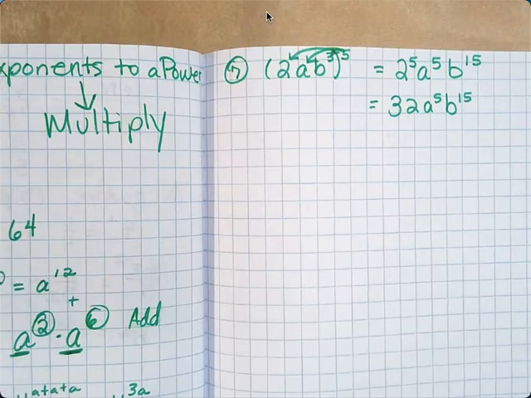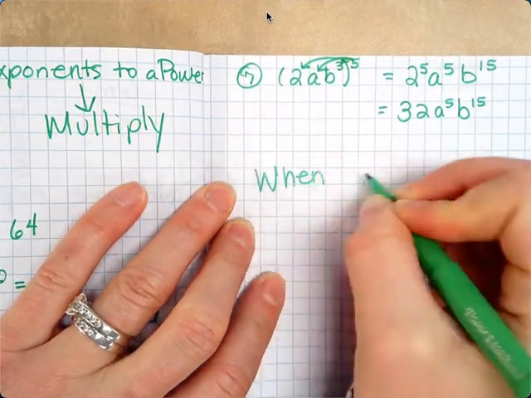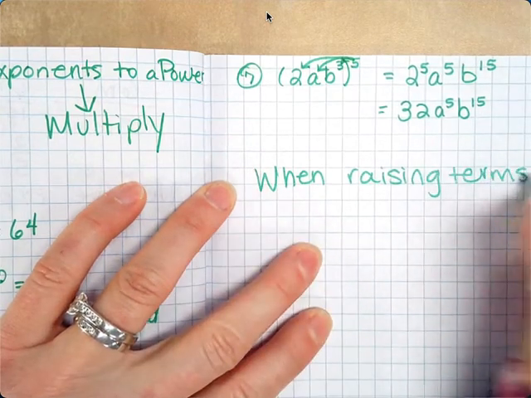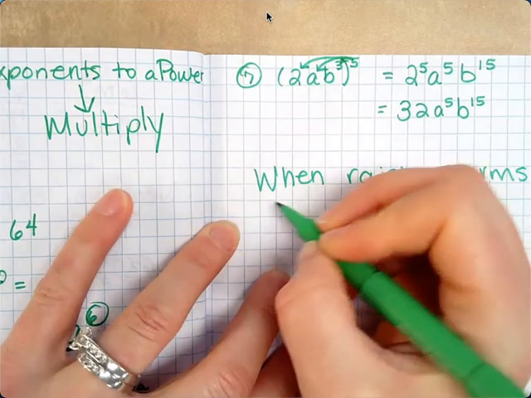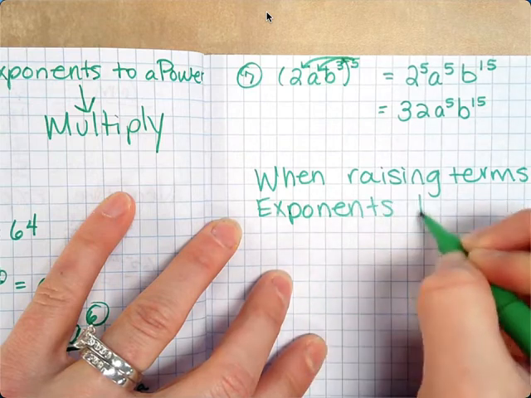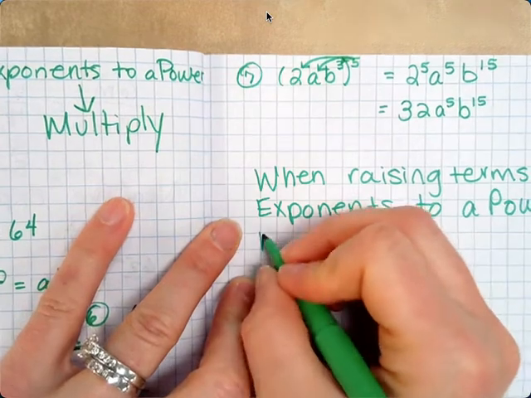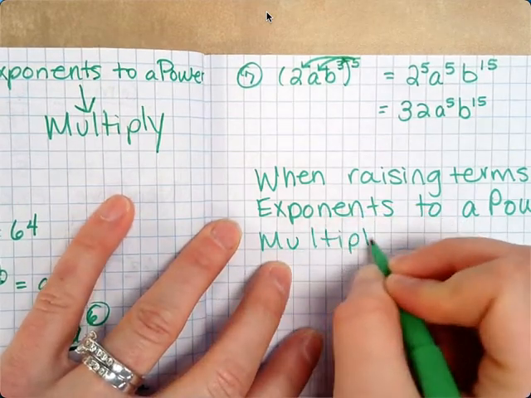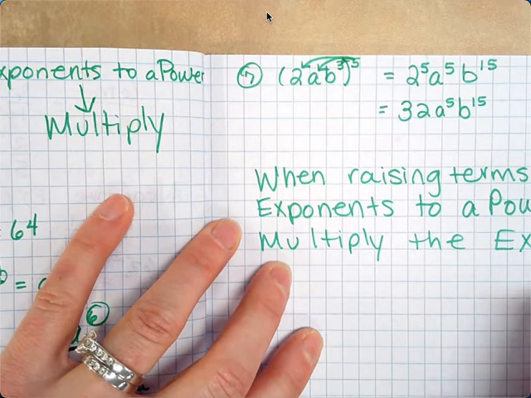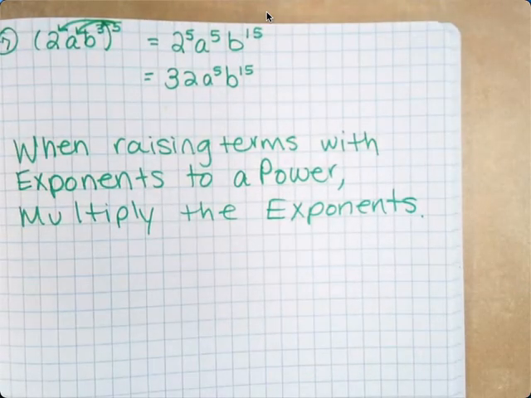Let's go ahead and write the rule on here, though. When raising terms with exponents to a power, multiply the exponents.